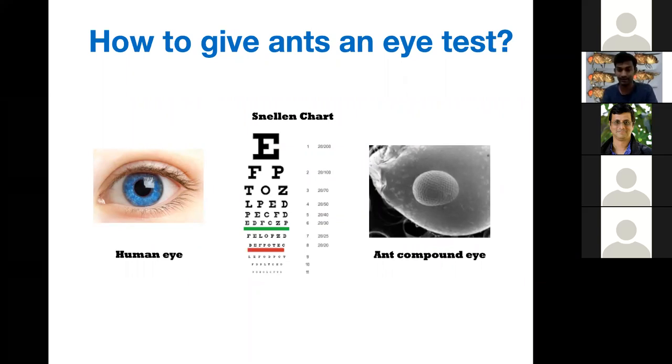But most often, vision is not just about optics, like we just mentioned. It's also about downstream neural properties, and there are a lot of other mechanisms which can help you improve your signal to noise ratio, for example.